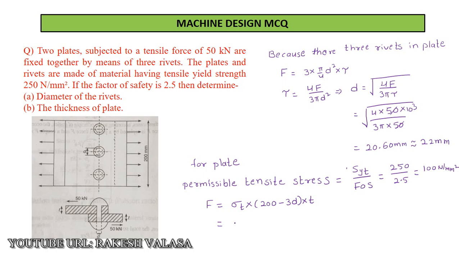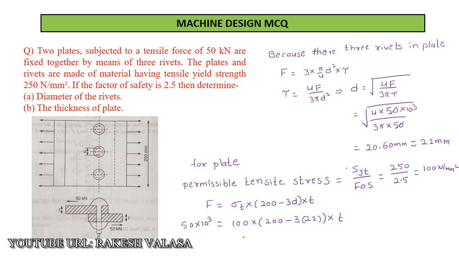Permissible tensile stress is 100 into 200 minus, we know the diameter, that is 22, we don't know the thickness, also we know the force, that is 50 kilonewtons, 50 into 10 cube.